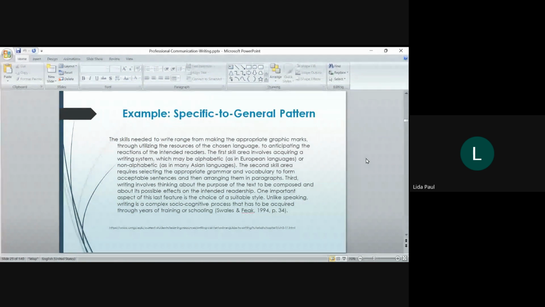Again, we have encountered this paragraph previously while we were discussing the positioning of the topic sentence, right? So read this thing again.